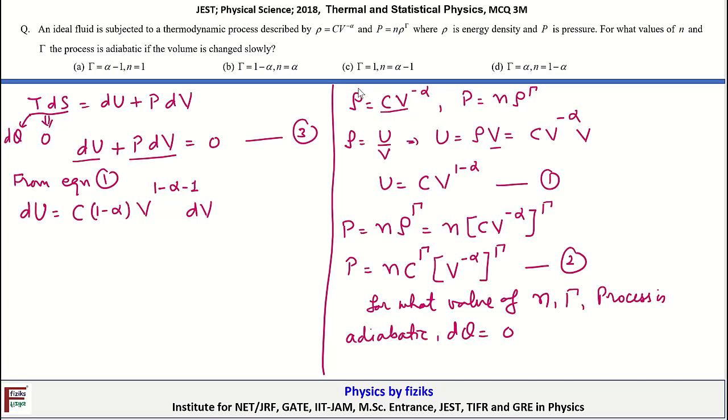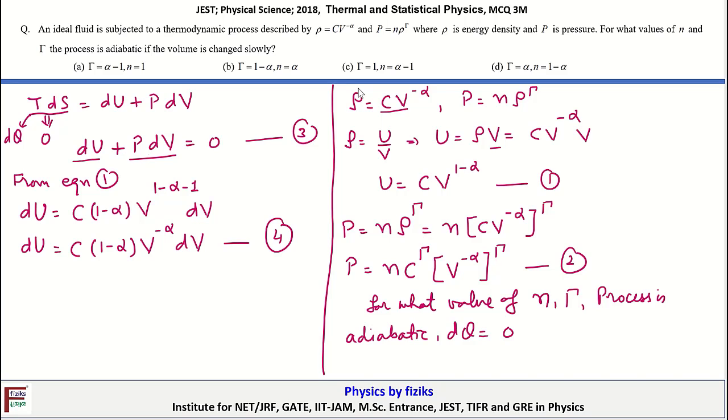So this is equal to C into 1 minus alpha, and V to the power minus alpha, since 1 and minus 1 cancel, dV. Let's call this equation 4. So this is the value of dU.